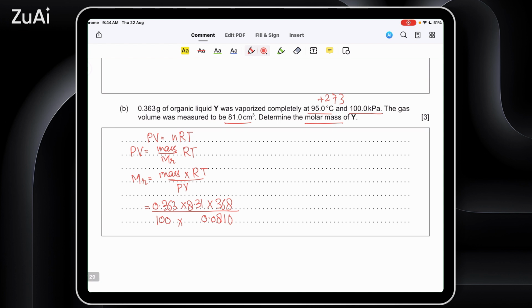So that's the way to solve. If I solve this question, we get 137.047. So that's the way we need to know.